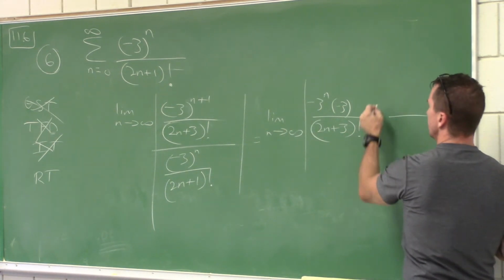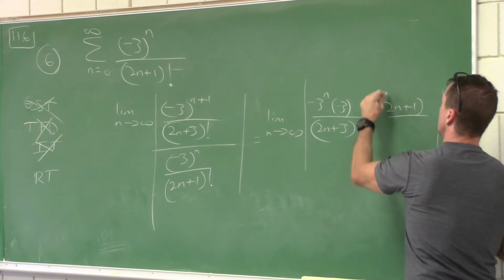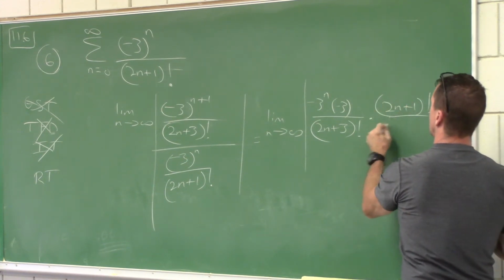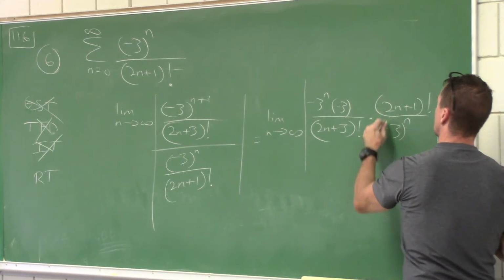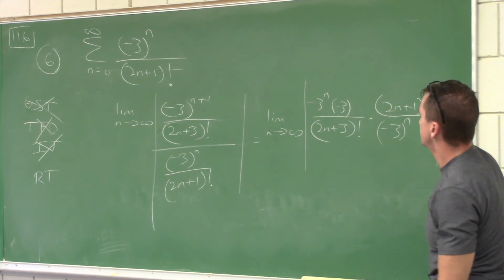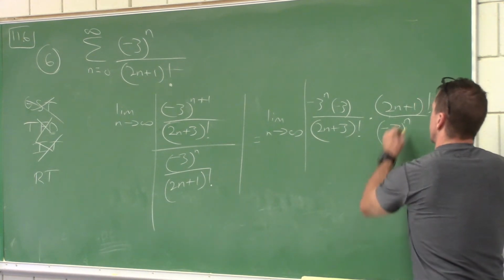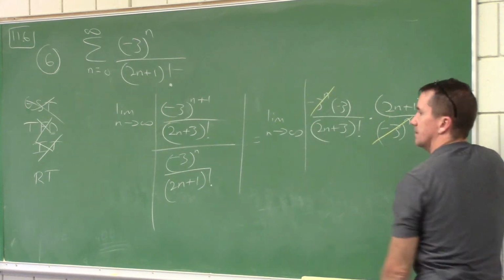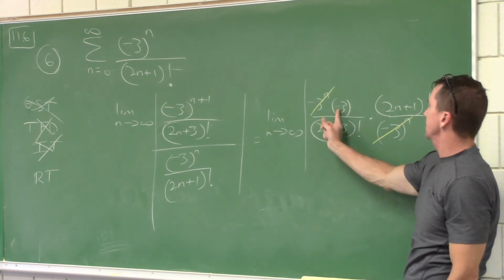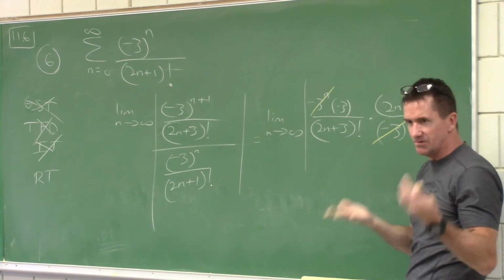I'm going to flip the bottom: (2n plus 1) factorial, negative 3 to the n. So what cancels? The negative 3 to the n's go out. What's the absolute value of negative 3? 3.